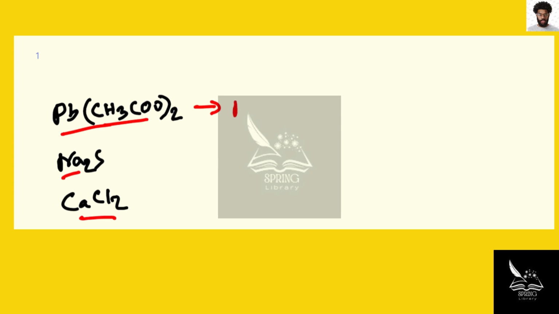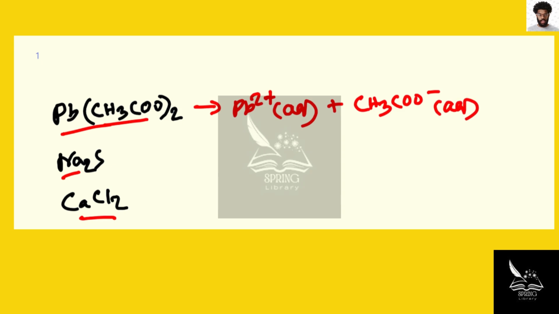So lead acetate will form lead ion and acetate ion in an aqueous solution, and then sodium sulfide will form Na plus and sulfide ion.